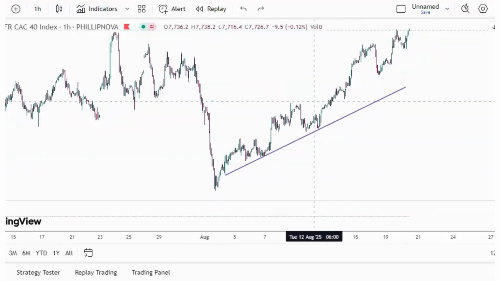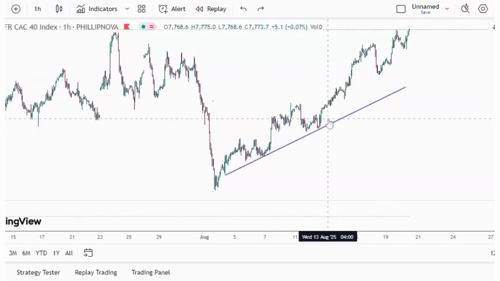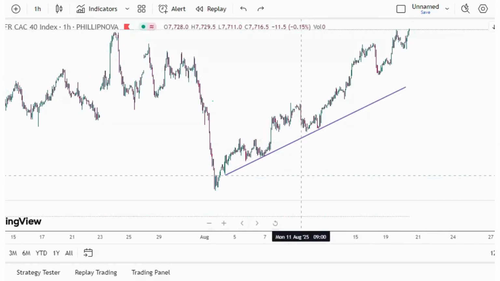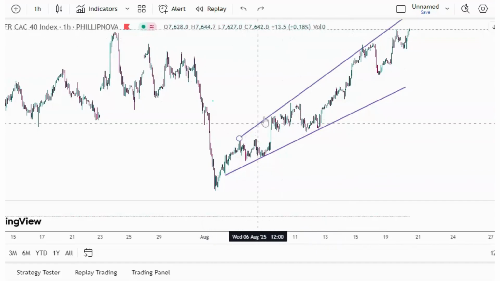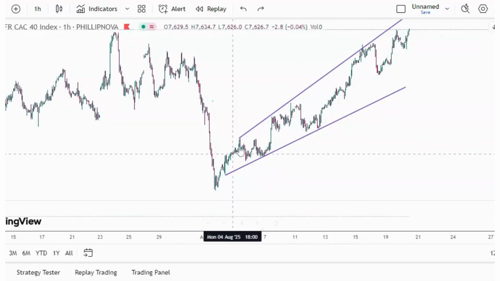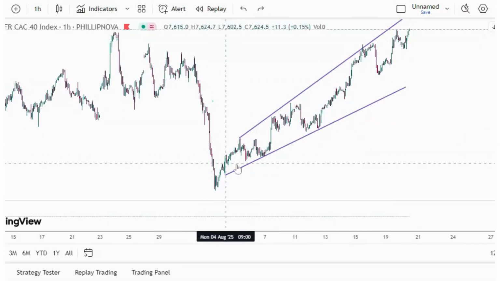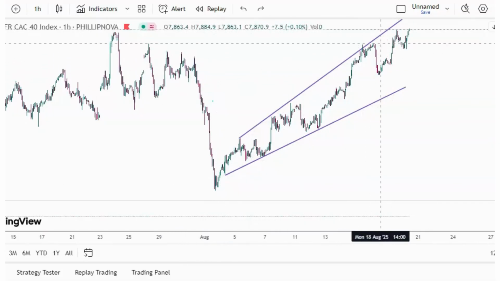There's a trend line here, and I can draw another one here. But there is something else much more interesting. Another trend line up there, and both of them are forming an expanding wedge, an expanding rising wedge.